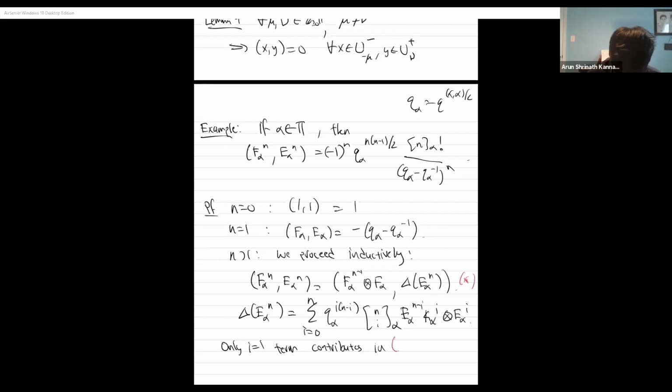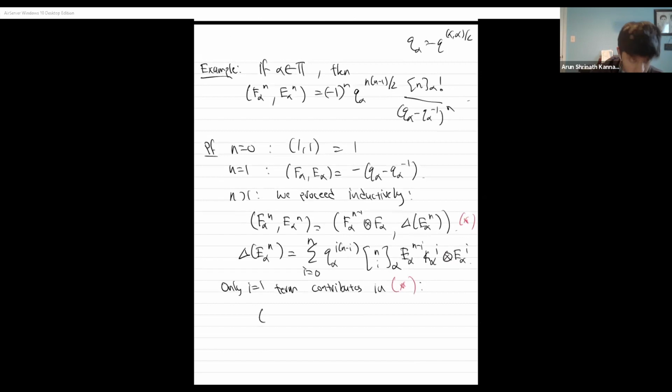So we can just write it as the pairing of f alpha to the n with e alpha to the n is equal to f alpha to the n minus 1 tensor f alpha, paired with q alpha to the n minus 1 k alpha tensor e alpha.